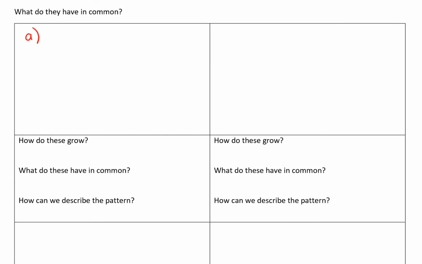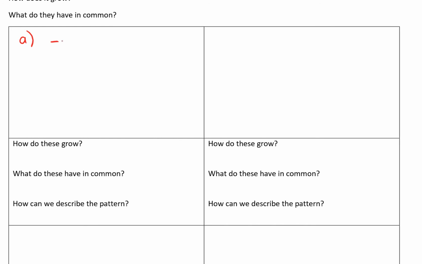I'm not sure, but if I'm looking at A, it was -4, -1, 2, and 5. And if I look at that, I believe that as I move forward each time, I think I'm adding 3, right?